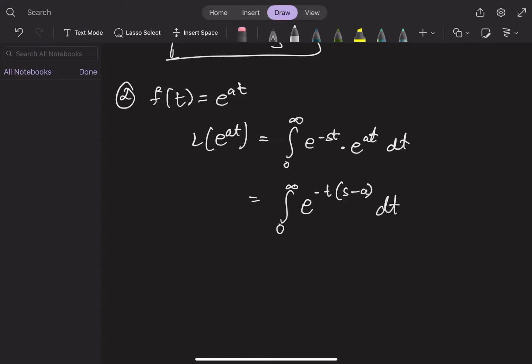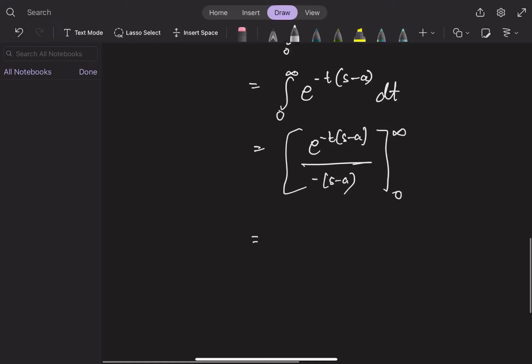So let's integrate this, you'll get e raised to minus t(s minus a) divided by minus of (s minus a). Now you need to put in the limits, 0 to infinity.